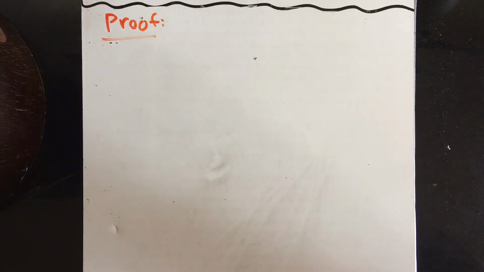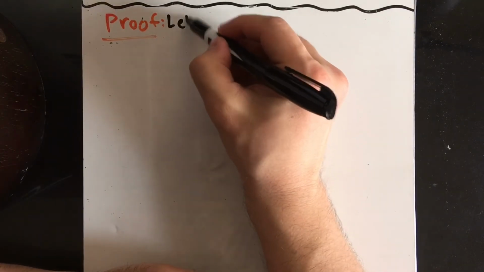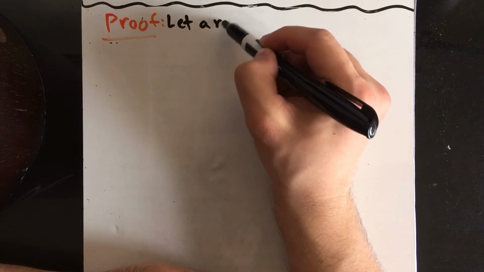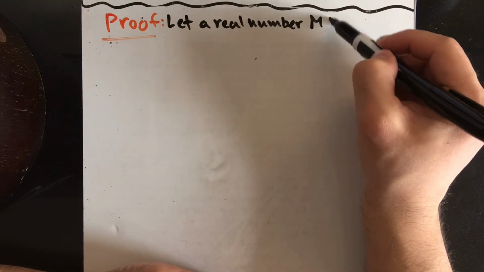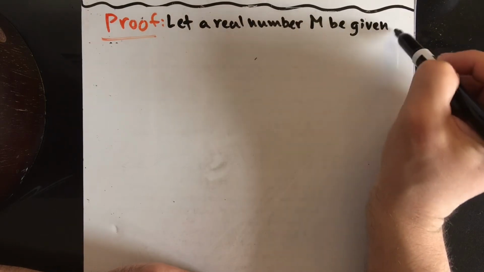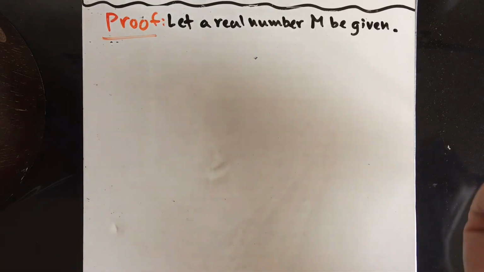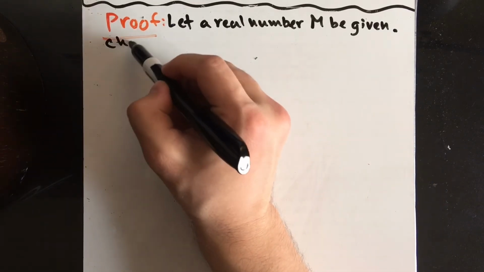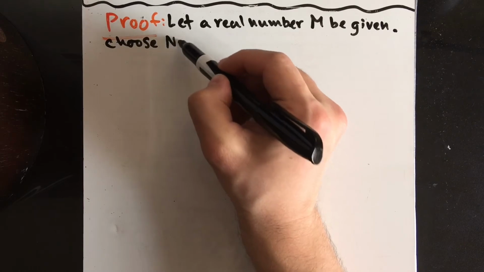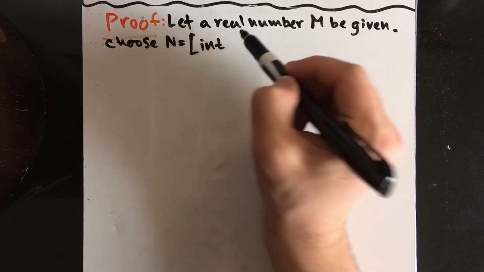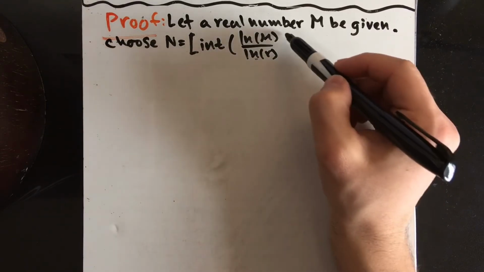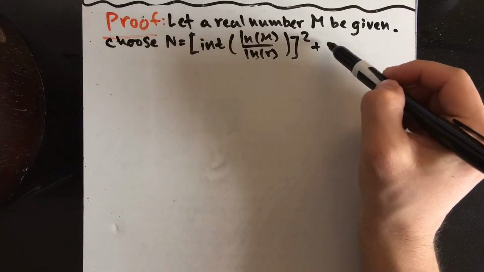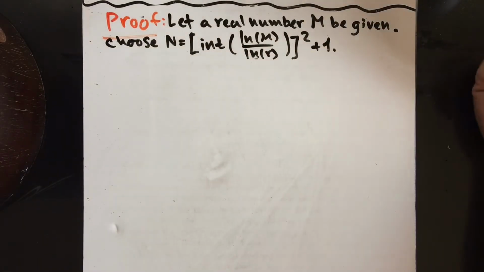We open our proof by introducing the capital M. We then move on to stating our choice of the natural number N. And now we want to satisfy the last part of the definition.